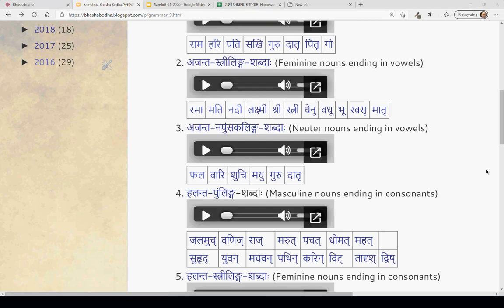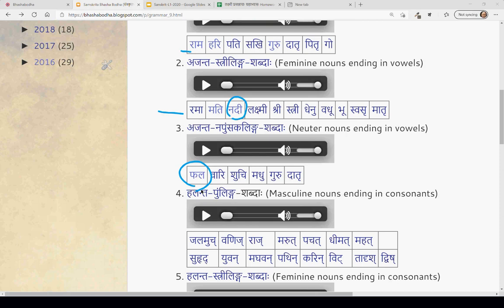So we are looking at only a few types of words here. One is Akaranta Pullinga, what we saw like Balakaha, and in the Akaranta Strilinga we saw Rama, Lata, etc. And then we are looking at Nadi Shabda or Ikaranta Strilinga Shabda and Akaranta Napumsakalinga Shabda like Phala.